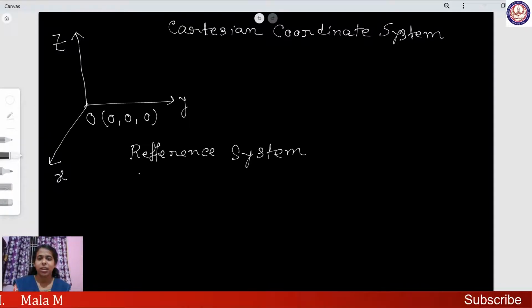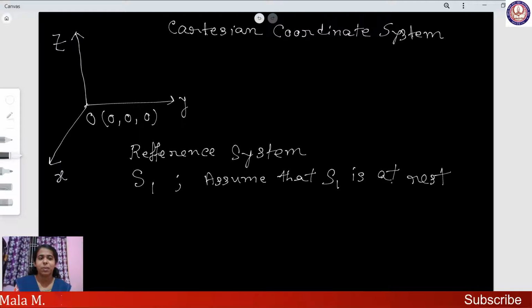We can define this as S1. Here we will assume that S1 is at rest. That means this reference frame is not moving.